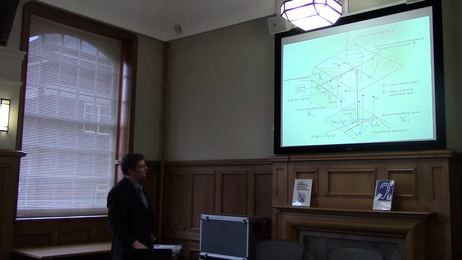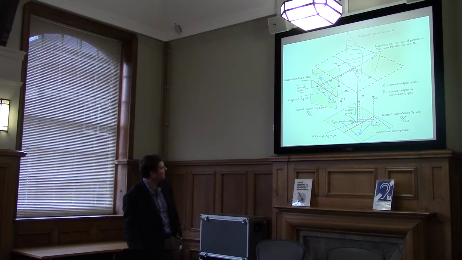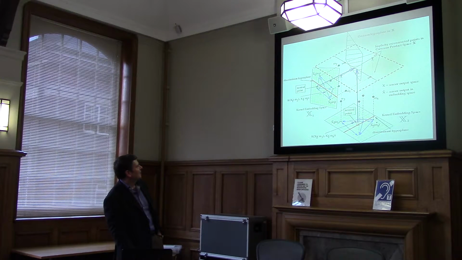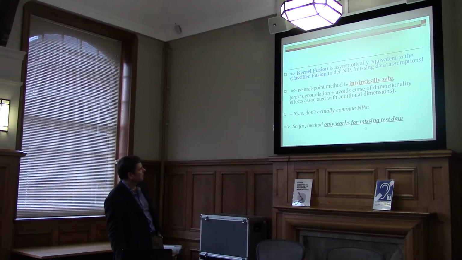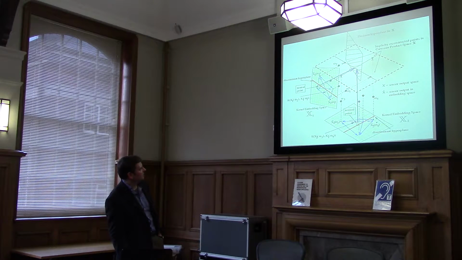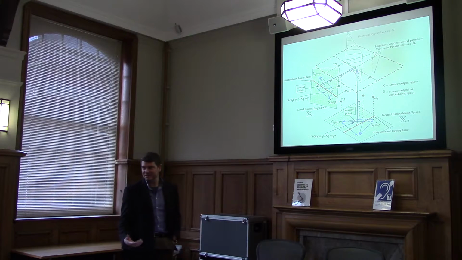So in other words, trying to represent this on the diagram, it's getting a bit busy now. Basically, you have your decision hyperplanes in your individual modalities, defined by the support objects. And these are propagated into your Cartesian product space, in effect.